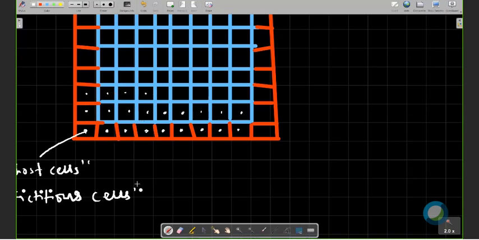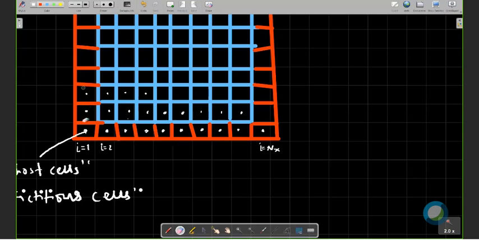Okay, like this. In this case, I will be 1, then I will be 2, like that you have to go finally up to I equals nx, which means interior cells will be 2, 3, 4, 5, 6, 7 up to nx minus 1. Interior cells will be 2 to nx minus 1 and boundary cells will be I equals 1 and like that.